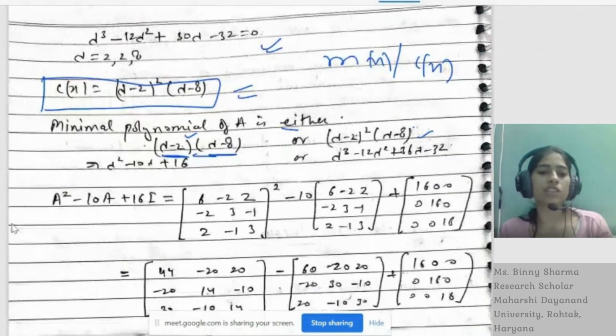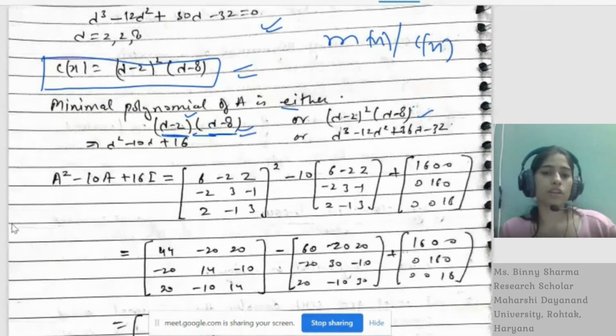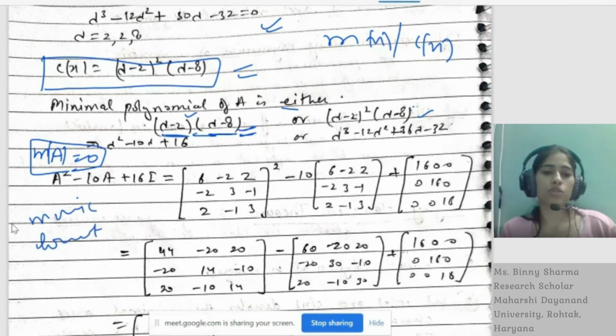So first we will check this polynomial, whether it satisfies m(A) equals 0, because the minimal polynomial should be monic of lowest degree. So we will start from this polynomial.